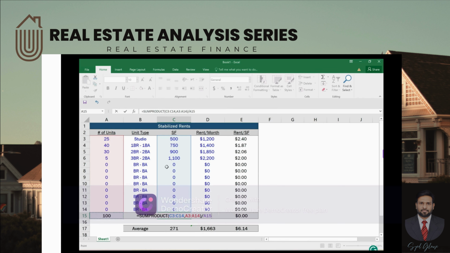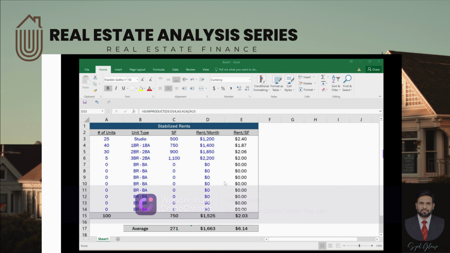For example, 25 into 500, 40 into 750, 30 into 900, 50 into 1100. Then it sums all the totals. Then it divides by the total number of units. For example, the total sum is 75,000 and divided by 100 gives us 750. That matches the 750 in our table. This weighted average reflects the true average size of an occupied unit, which is key for understanding the property composition.